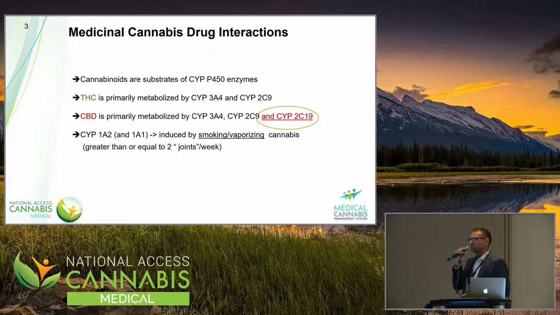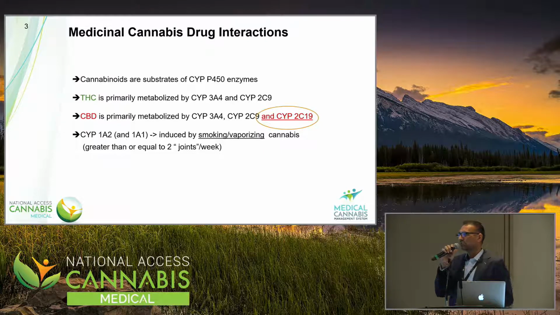So THC is primarily metabolized by 3A4 and 2C9. CBD is primarily metabolized by 3A4, 2C9, and 2C19. So it's this 2C19 that is the difference between the two. You also have cytochrome 1A2 and 1A1, and these are induced by smoking cannabis in particular.